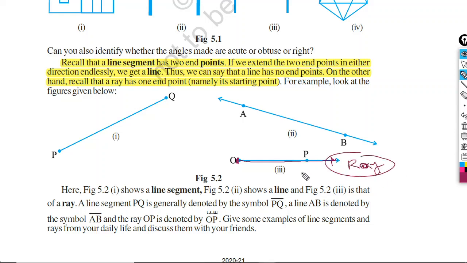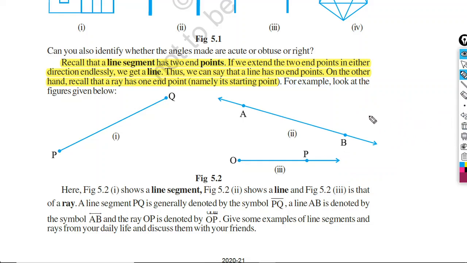How will you write it? We will write it like this: OP ray. That means it is moving from O to P. Please don't write it like PO, because this means it will move from P to O. So this is the right way of writing. So this is about line segment, line and ray.